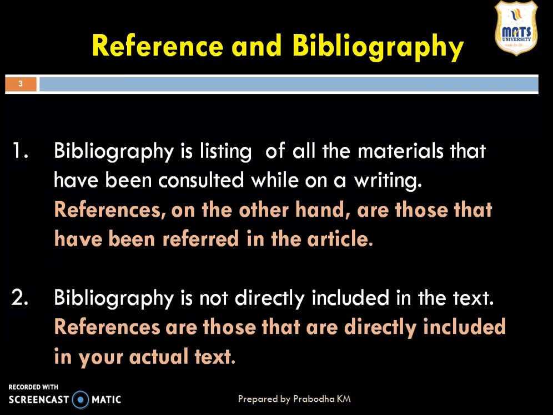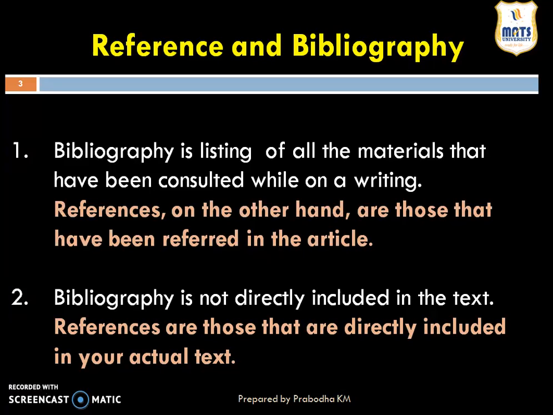To elaborate this point, I would like to give some examples. A bibliography is anything that we have consulted while writing any article, like newspaper articles, TV reports, books, research papers, etc. And the references are those that have been actually referred to while writing the article. We will be explaining this point later on.